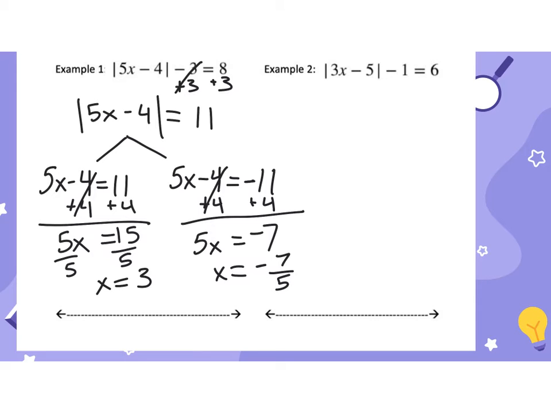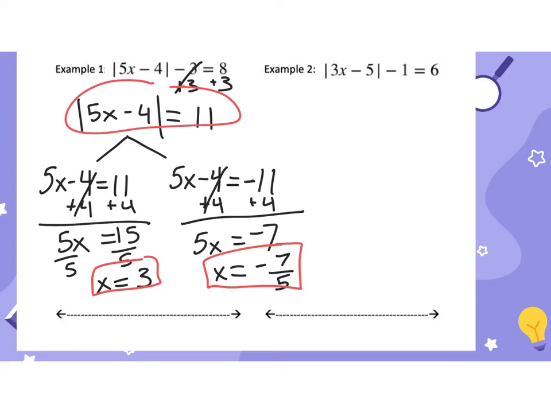So I have these two answers now: x equals 3 and x equals negative 7/5. And now I just need to check them for extraneous solutions. What that means is I'm going to take my calculator and plug both of these numbers back into our original problem before we split it and see if they check out. See if what's on the left equals what's on the right.